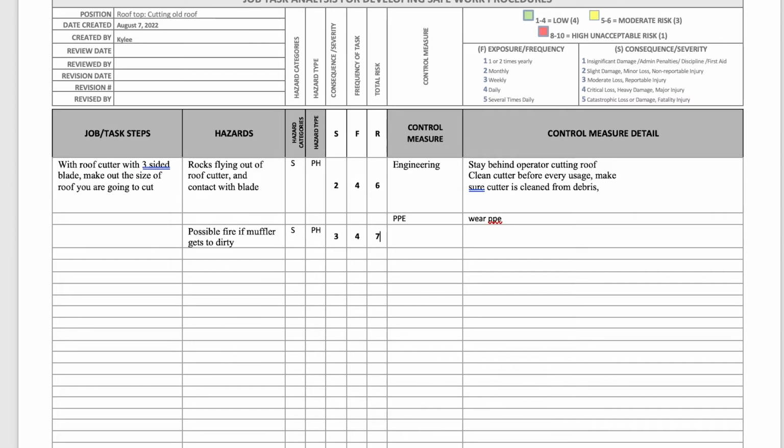Now, as you go through every single job and every single hazard, this will eventually give you a great list of the different control measures as well as the step-by-step tasks, resulting in a list that you can then use for your safe job procedures.